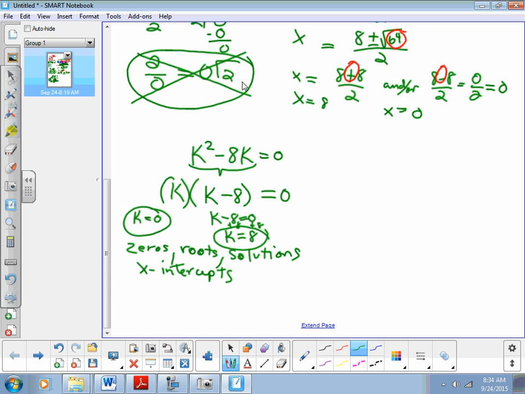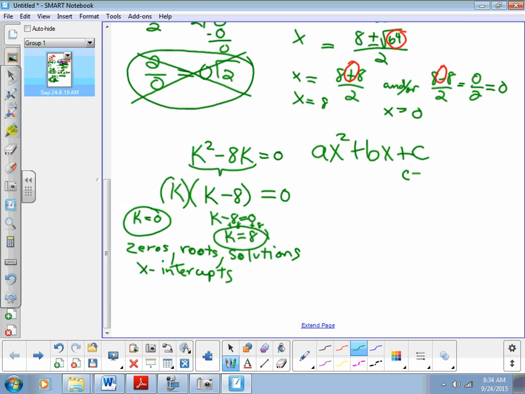Yeah. How do we know if that way will always work? It all depends on the problem. The reason, what I would say look for is, and I'll put a general term, ax squared plus bx plus c.